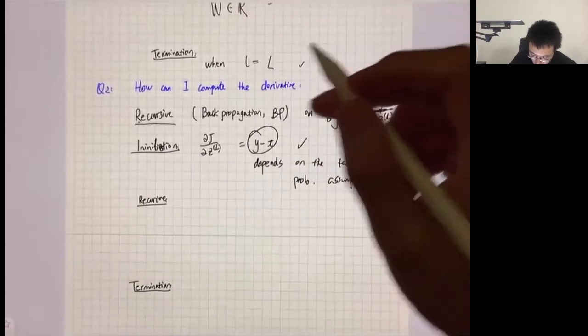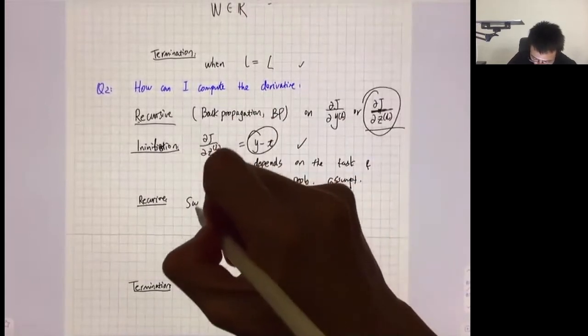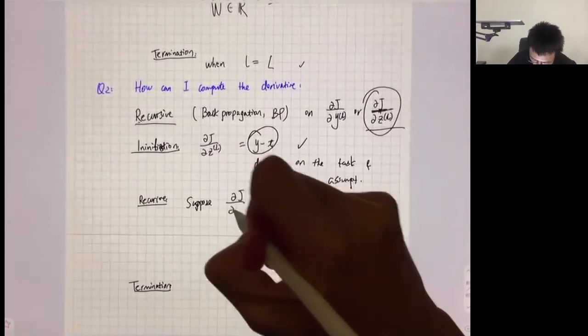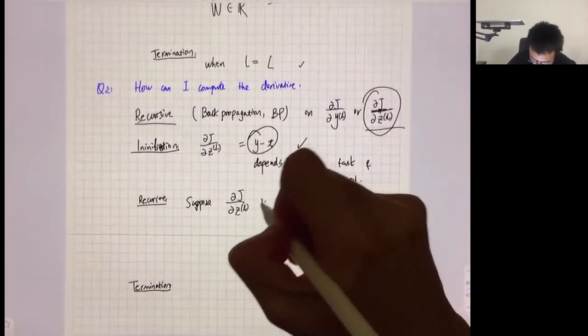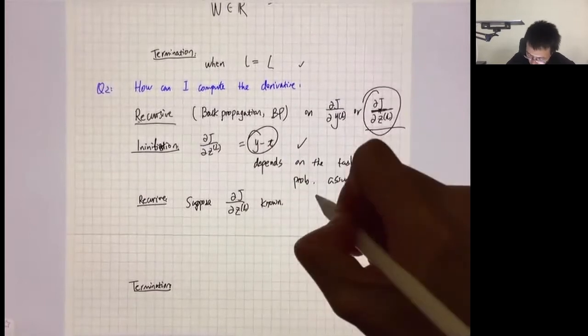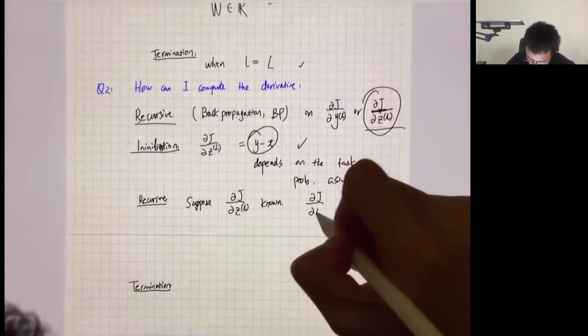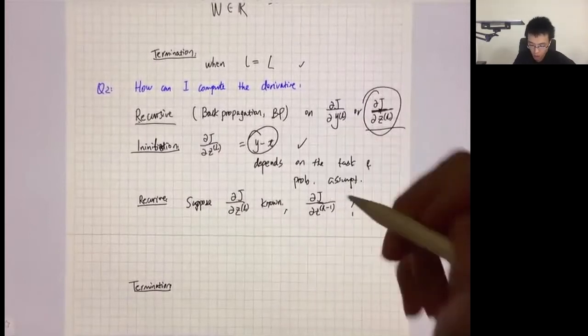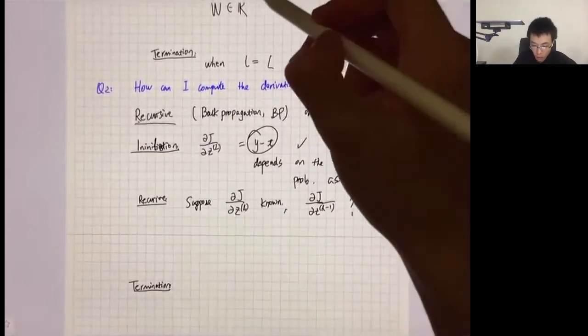The recursion step should be: suppose the partial derivative of J with respect to ZL is known. What is the partial derivative of J with respect to ZL minus 1? Okay, so this is my recursion question.